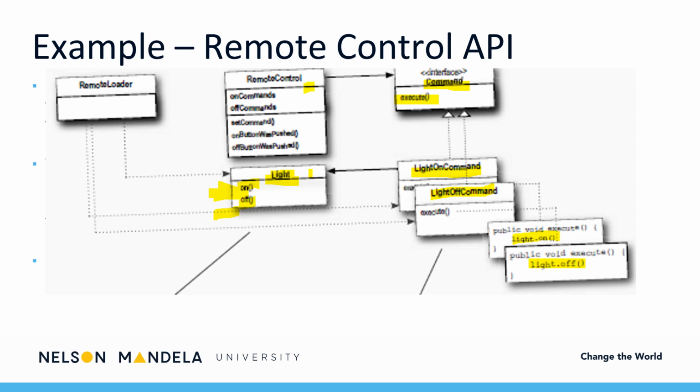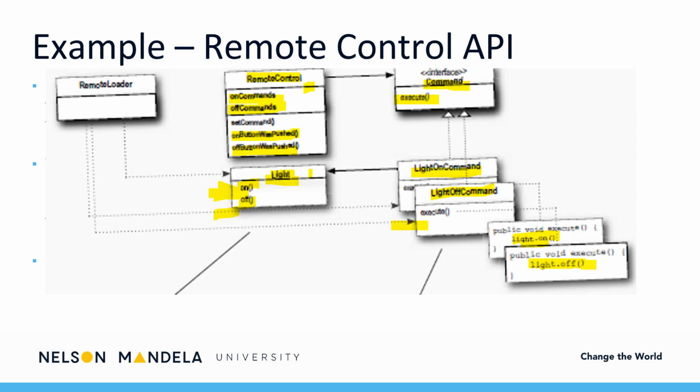And then over here we've got on commands and off commands. In the remote control, when the on button is pushed, the on command is executed, or the receiver action is executed, and when it's turned off, then that is executed. Okay, so if you now want to implement an undo, you can use both.